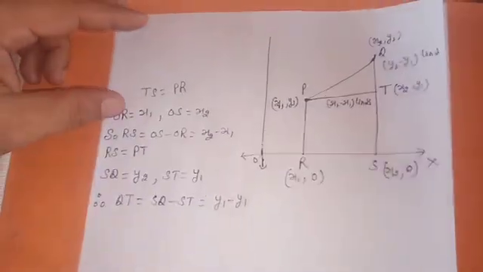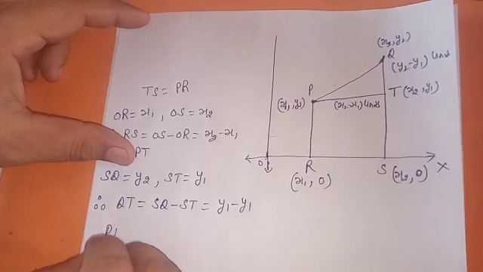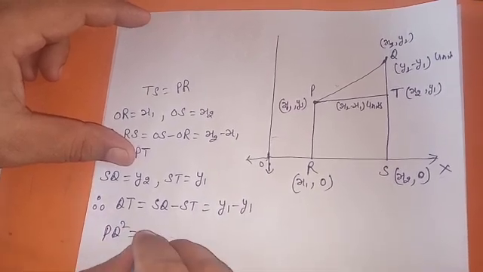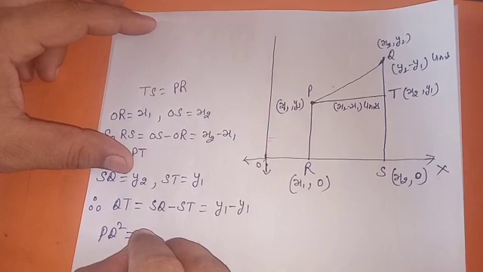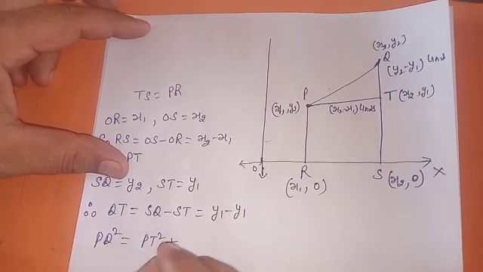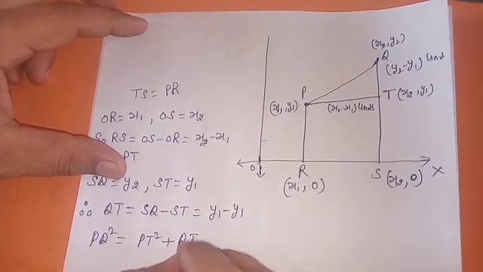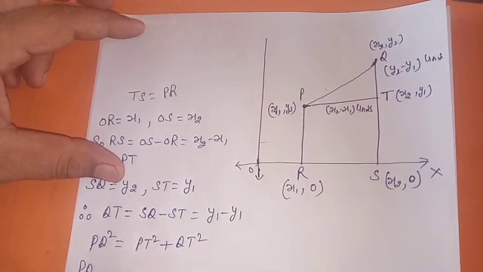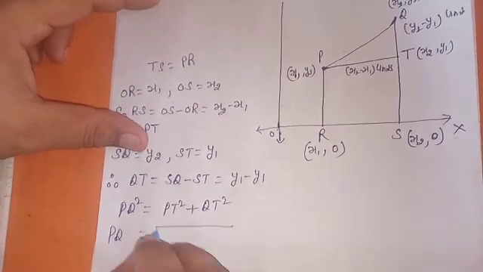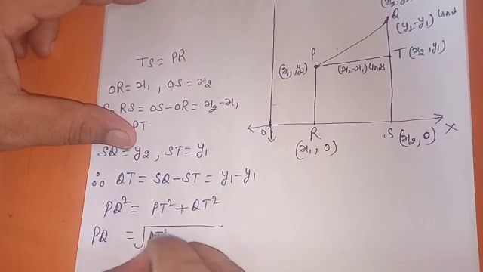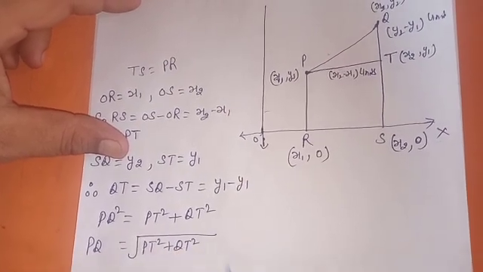Apply the Pythagoras theorem. So PQ square is equal to PT square plus QT square. So PQ is equal to the square root of PT square plus QT square.